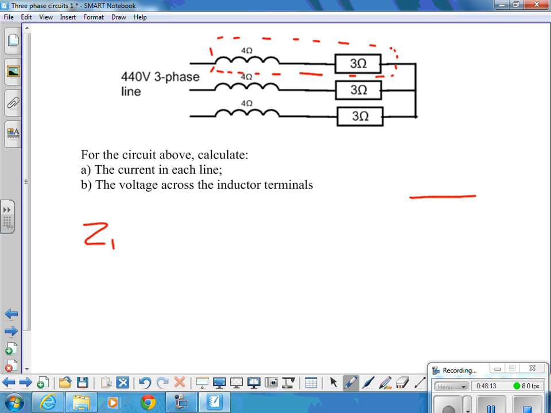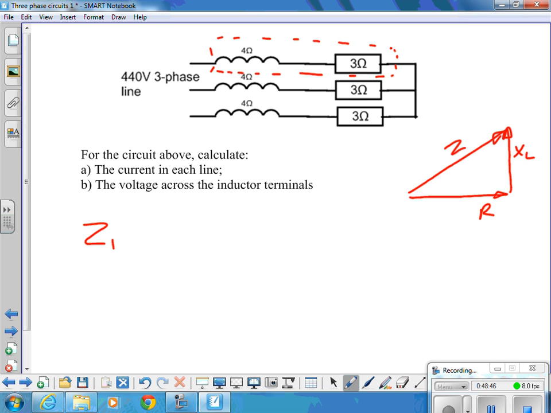Think of that diagram. R, XL, Z. And you've been given the inductors not as Henrys, but you're given an ohmic value for them. So you've been given XL for those.